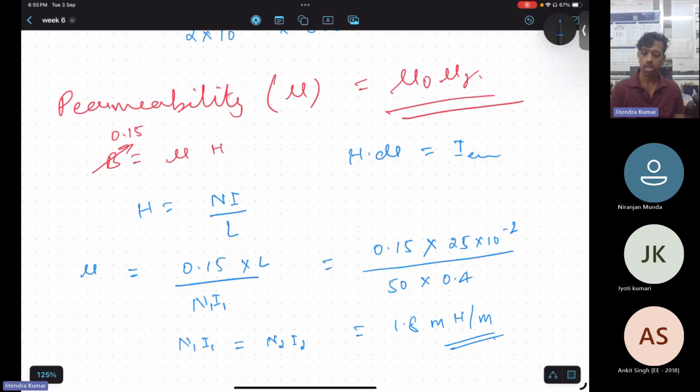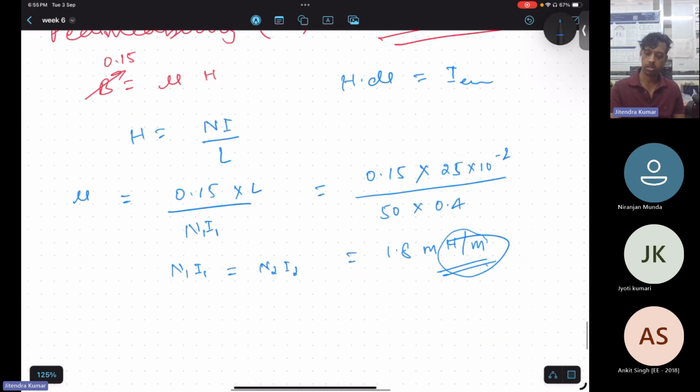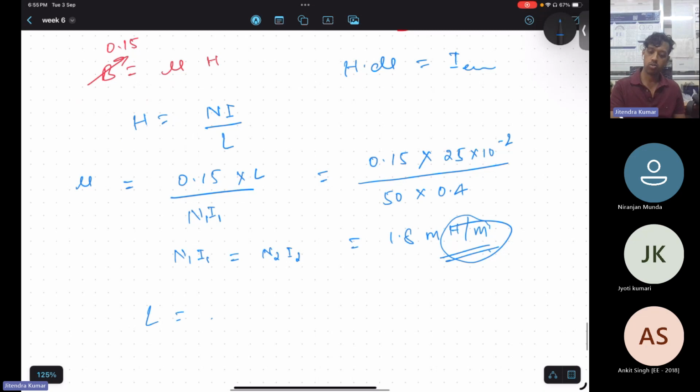This Henry per meter is coming from which expression? L is equal to mu N square A by L. So this L is inductance and this is length. So from this expression, if you calculate, you will get this unit of mu.